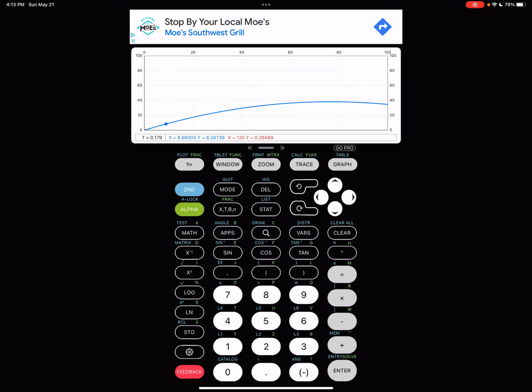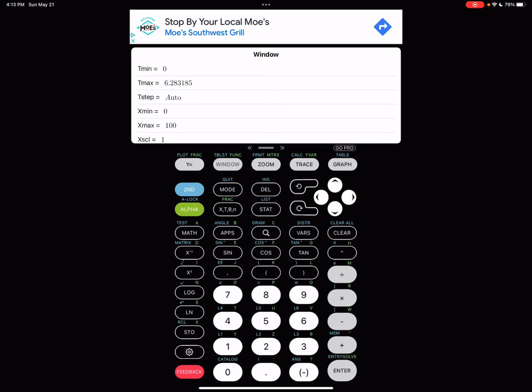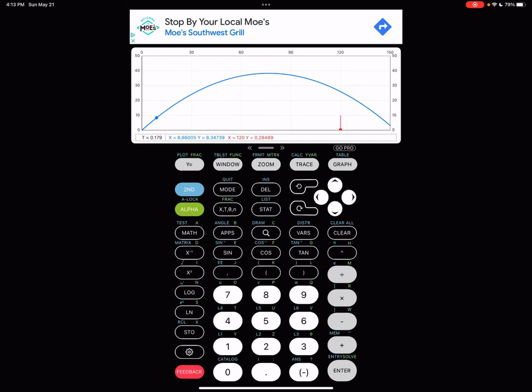Let's see where that is. Okay. Maybe not 100, but maybe 50 for my Y max. And then obviously I need to be somewhere that's greater than 120 since that's where my goalpost is. So I'm going to do 50 for my Y max and 150 for my X max. Let's see where that is. Okay.